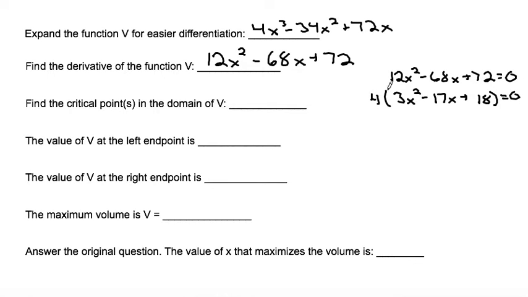From here, we need to factor our quadratic into linear factors in order to find our critical points. One strategy is to do a times c, so 3 times 18 is 54. We're looking for two numbers that multiply to 54 and add to negative 17. Let's write some factors of 54: 1 and 54, 2 and 27, 3 and 18.